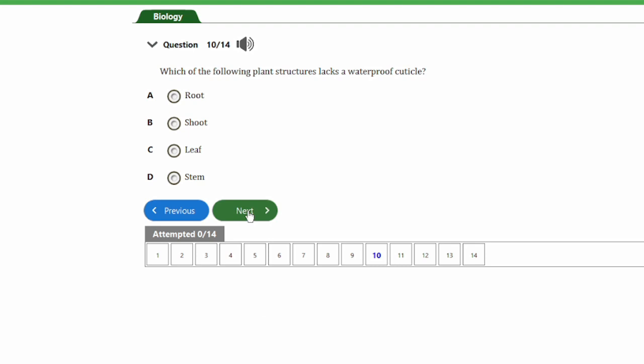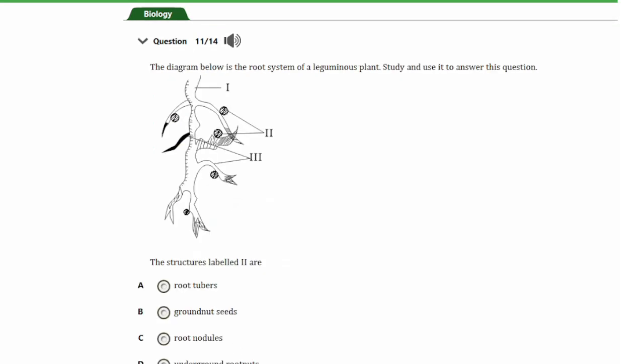The cuticle is a waxy, water-repelling layer that is found on the epidermal cells of the other plant parts and not the roots. So it helps to prevent water loss from the plants. So let's look at the next question.